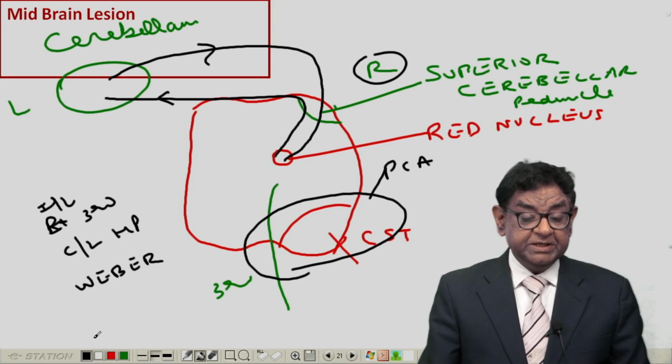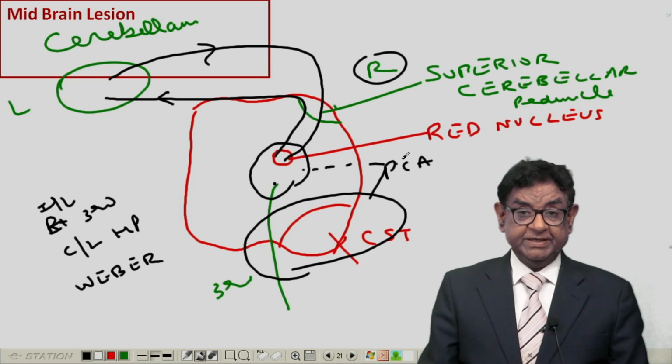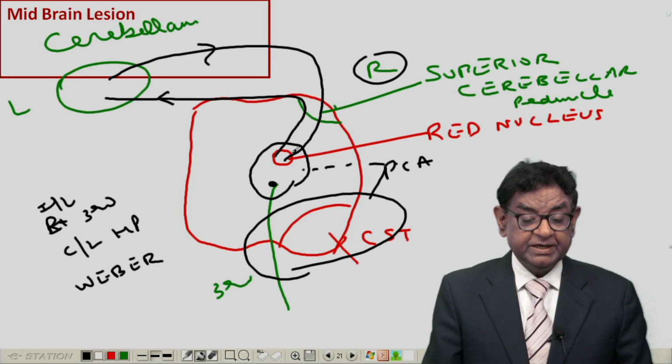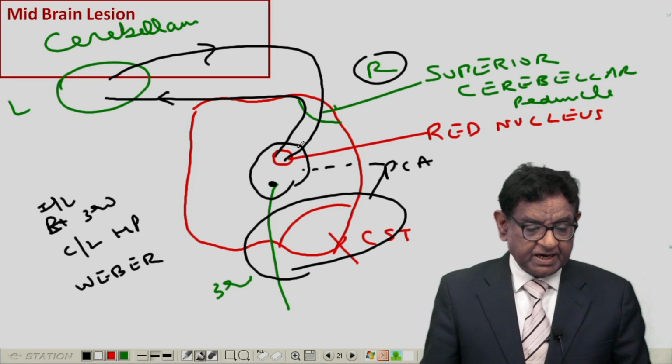Now this part of the brain is supplied by another branch of PCA. Now the structures involved are the third nerve nucleus and the red nucleus. How will the patient manifest now?